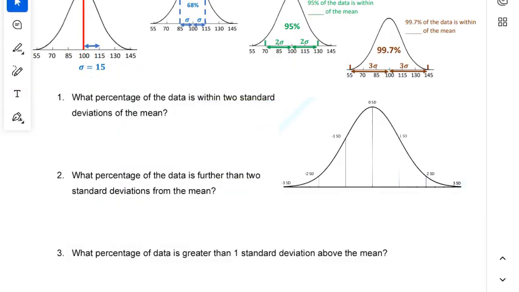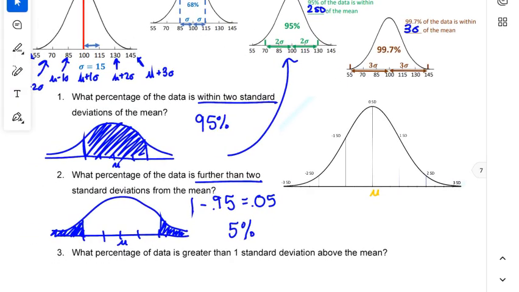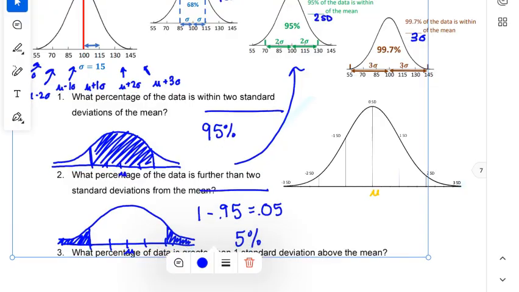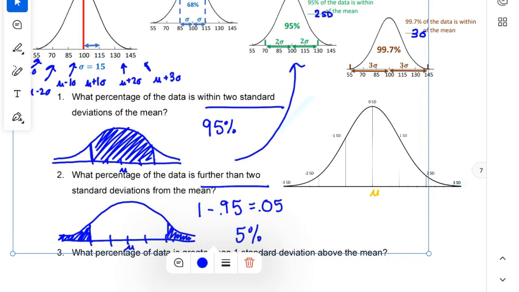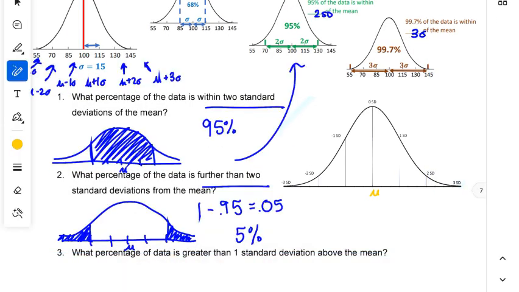Remember that this whole thing is 68%. So in order to find out what this side is and what this side is, you would take 68 and divide by 2. So this is 34% and this is 34%.